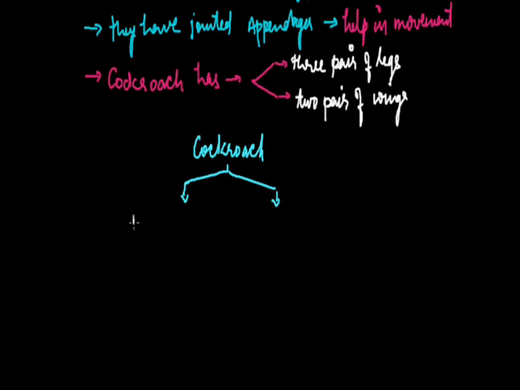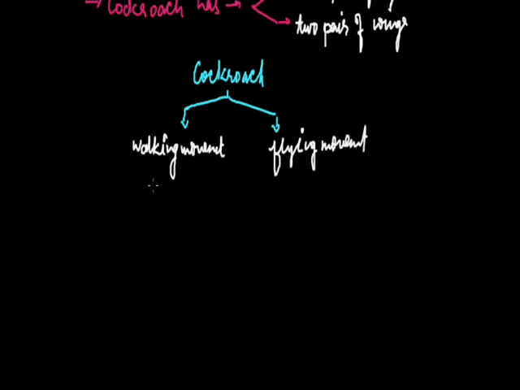First is walking movement and second is flying movement. Now walking movement in cockroach occurs by walking muscles, and walking muscles attach with legs of cockroach.